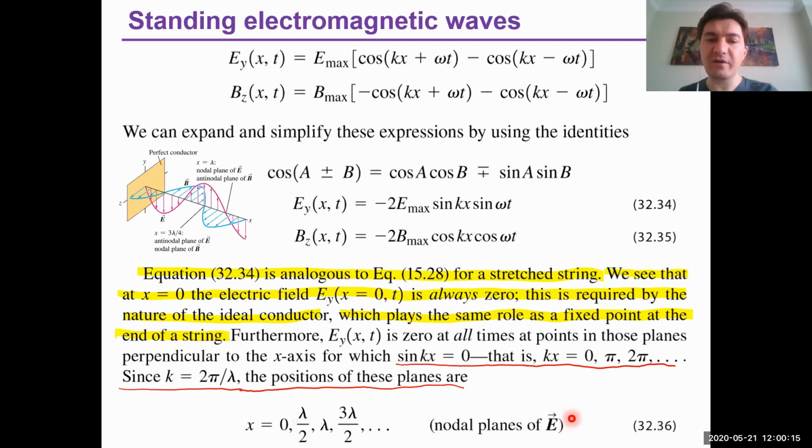So we are talking about nodal points of the electric field. So the electric field here on the surface of the conductor, when x is zero, is zero, and the electric field is zero here. But the electric field is maximum here, and the electric field is maximum here. So do you have any questions at that point?